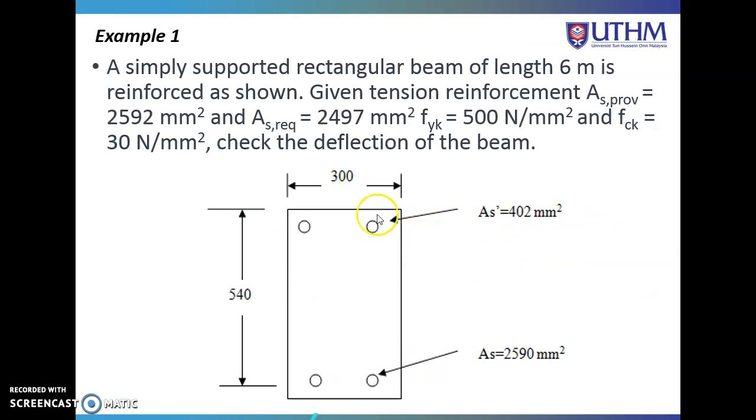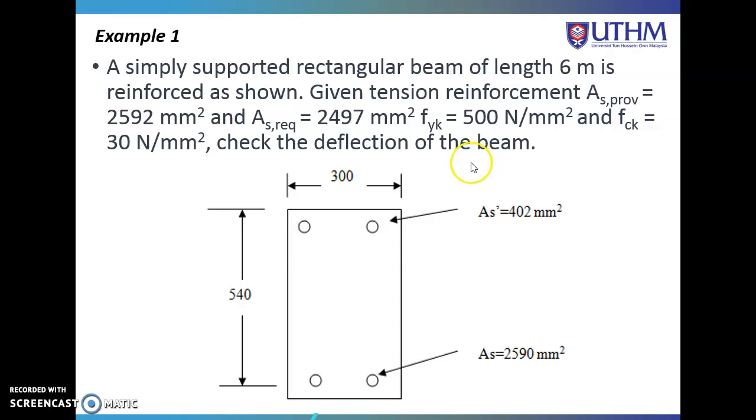For the first example, this is a simply supported regular rectangular beam, length of 6 meters, as shown by this figure. Given tension reinforcement As provided is 2592, As required 2497, fyk, fck. Check the deflection of the beam.